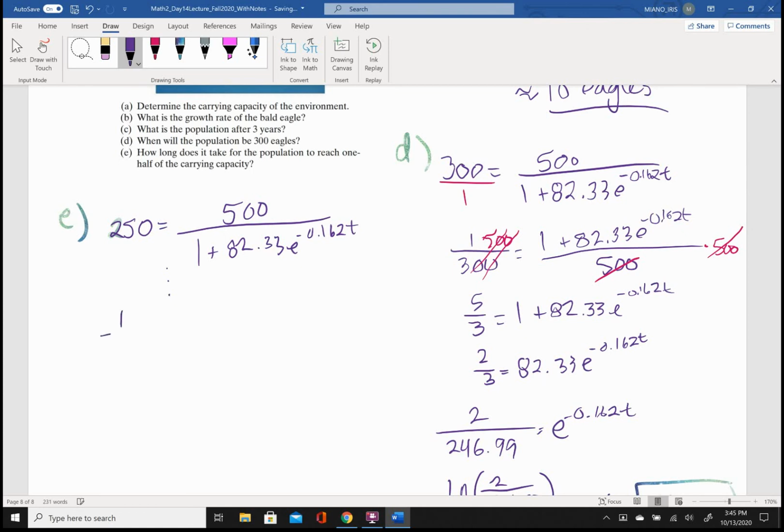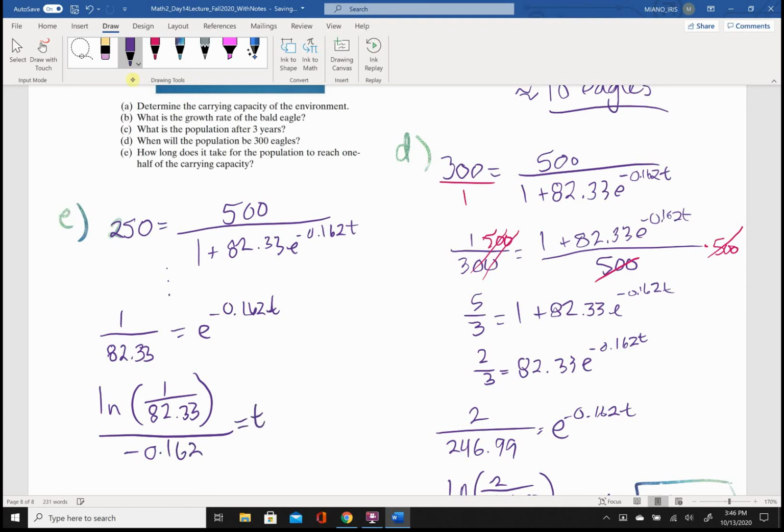You'll find that this equals 1/82.33, equaling e to the negative 0.162 t. All right, and then that'll be the natural log of 1/82.33 all over the negative 0.162. That'll give you your t in this other scenario where we're at half the carrying capacity.